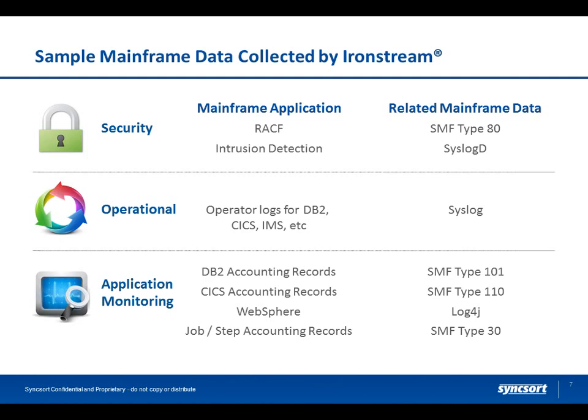So when we look at those functional areas, the different types of mainframe data that we collect are things like SMF records, a variety of different SMF records, and syslog and syslog-D information around operational and security pieces of reporting. And from an application monitoring perspective, we need to know what's happening with CICS, with DB2, with WebSphere, and what's happening from a job step execution perspective.